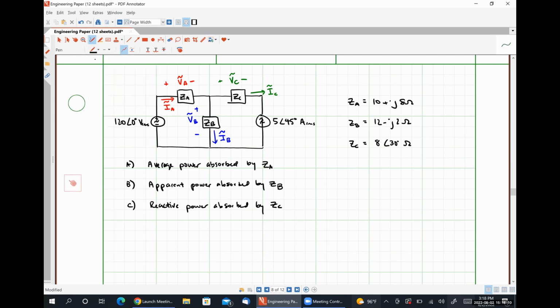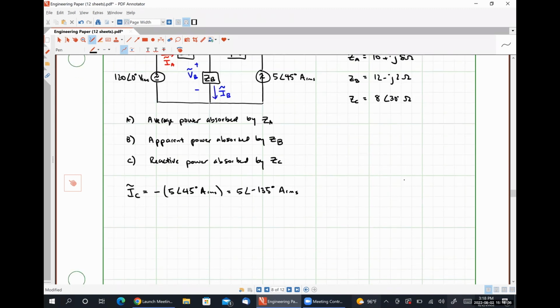By inspection, we can see that IC is equal to negative 5 angle 45 degrees amps RMS, which is 5 angle negative 135 degrees amps RMS.